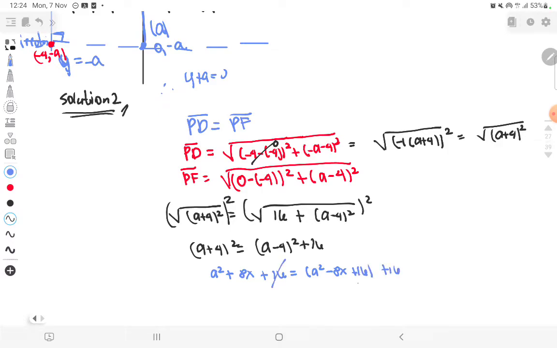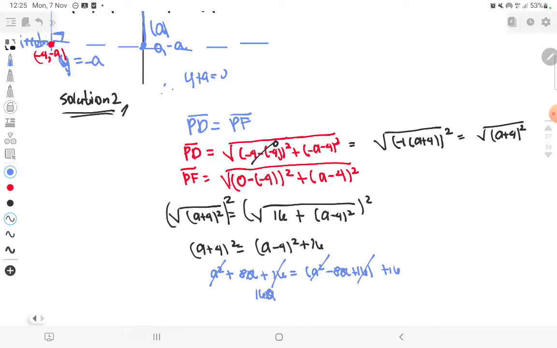You would notice that one of the 16s will be equal to 0 and our a squared will be equal to 0, and I will transpose my 8a. I will have 16a. Sorry, this must be 16a.